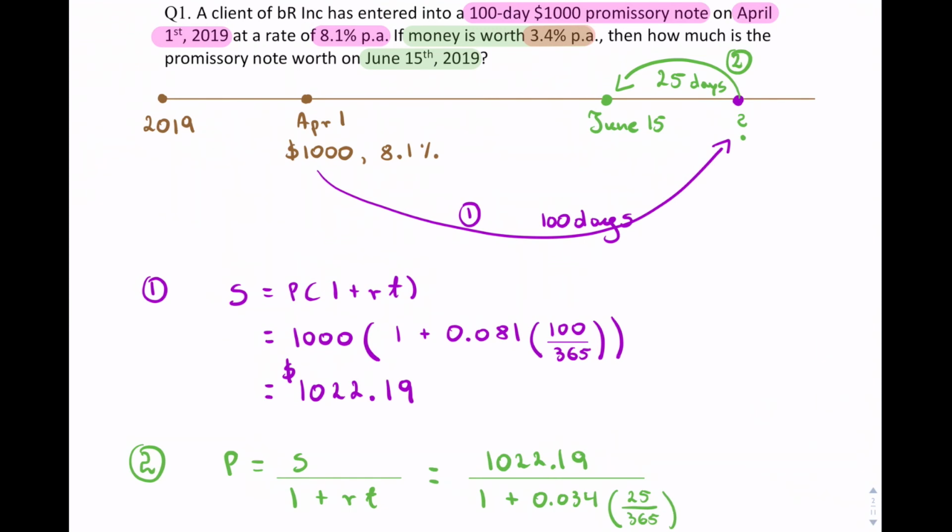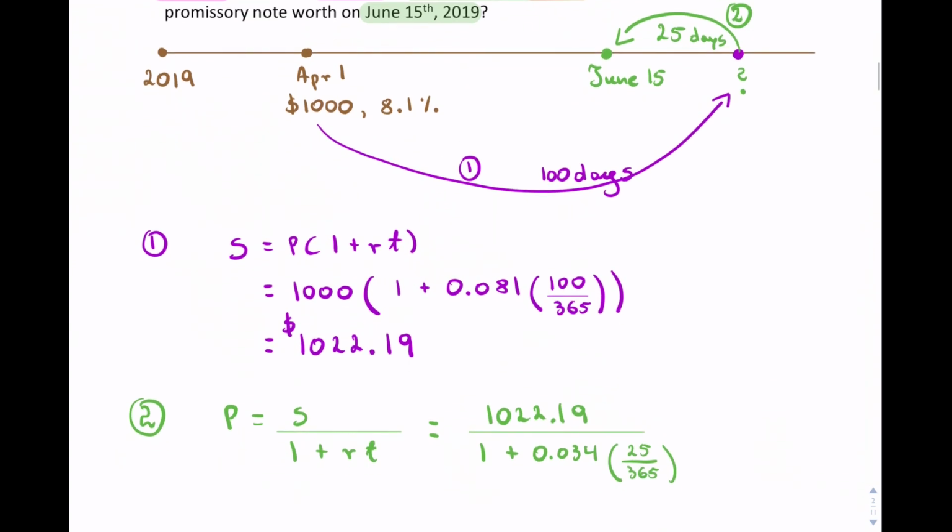Now we can punch this into our calculator. Again, don't try to round until the end. So that becomes 1019.82, rounded to the cent.